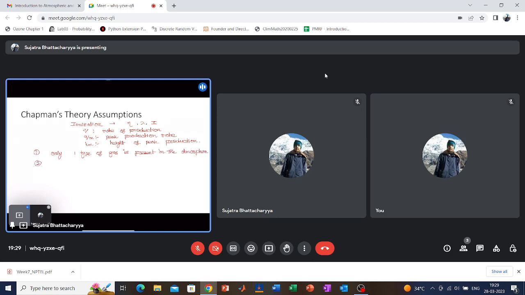Second assumption: the atmosphere is horizontally stratified. Third assumption: the incident radiation coming from the sun must be monochromatic.